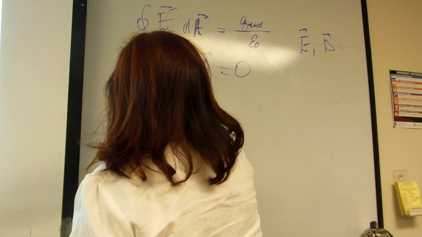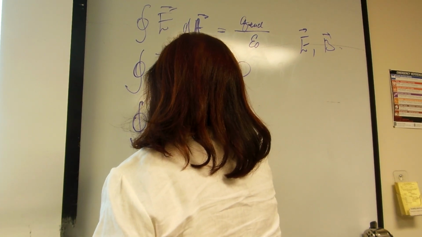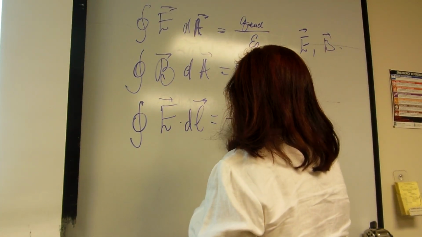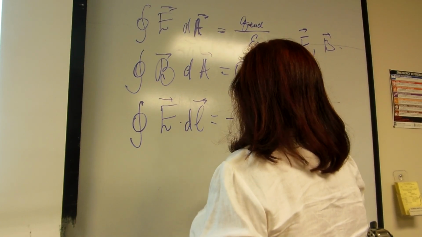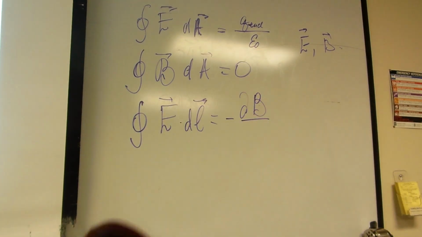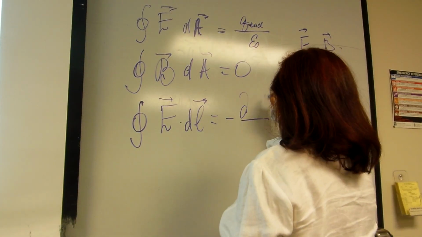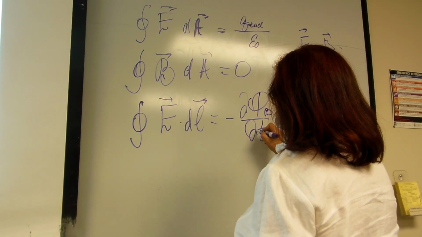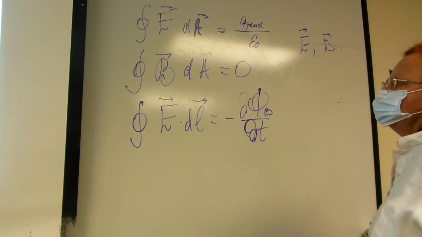And 2 more. Another one is for the circulation of vector E. That is just minus d of the flux of B over dt, the law of electromagnetic induction.